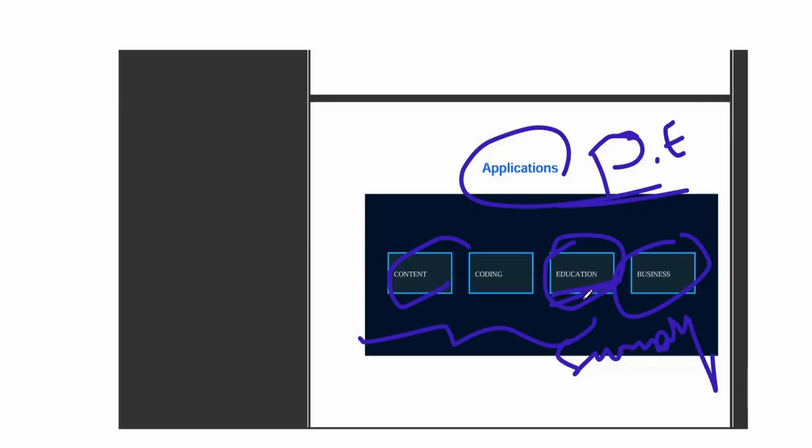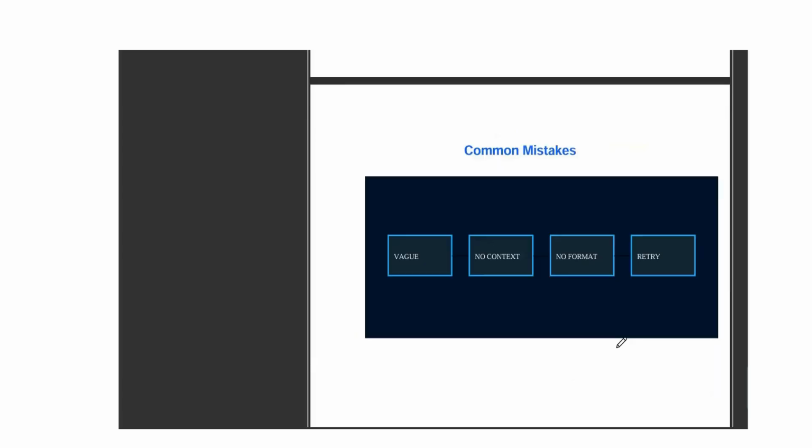In every sector. Now, before we finish, let's talk about some common mistakes we make while giving prompts. The first mistake is being too vague, for example, explain database. That's very broad, right?